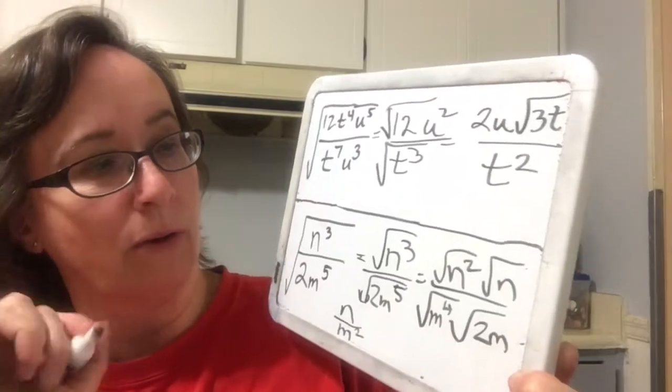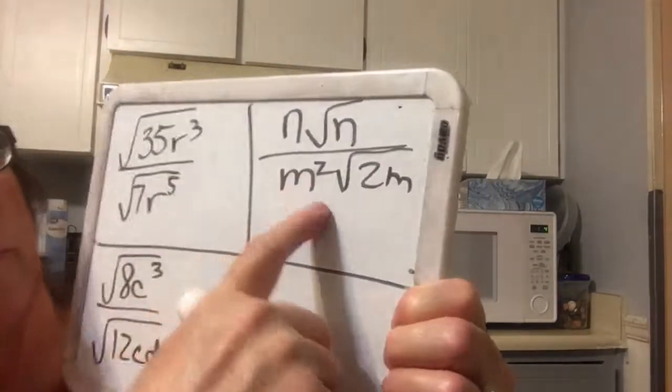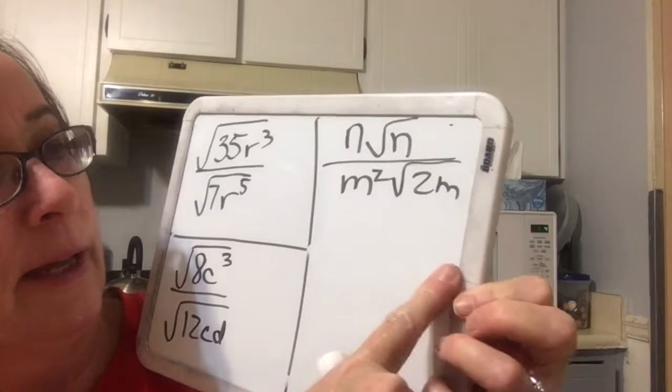Okay, so let me get another board here. We'll just finish this one up on this board. So we've got n over m squared and we have the square root of n over the square root of 2m. So this is where we are.